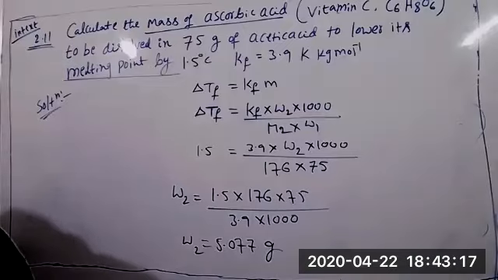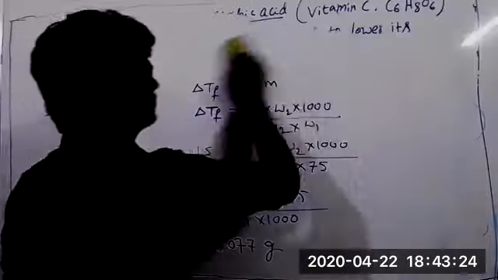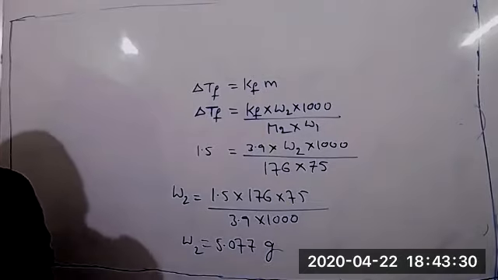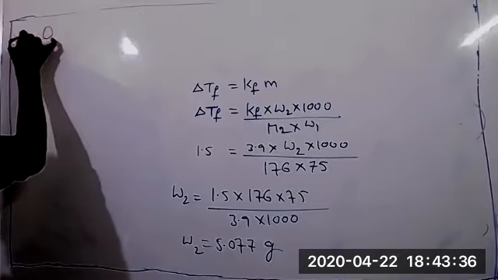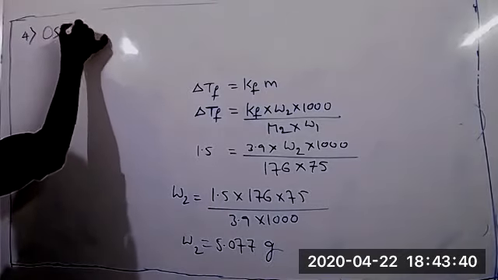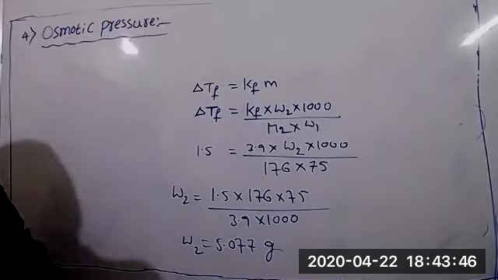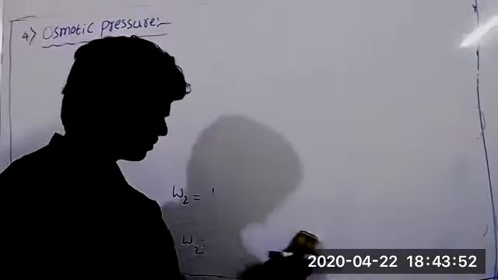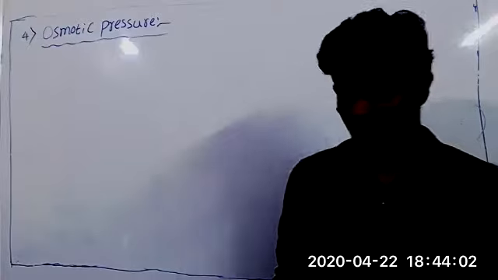So, the next colligative property is osmotic pressure. Listen, first of all, what is osmosis?